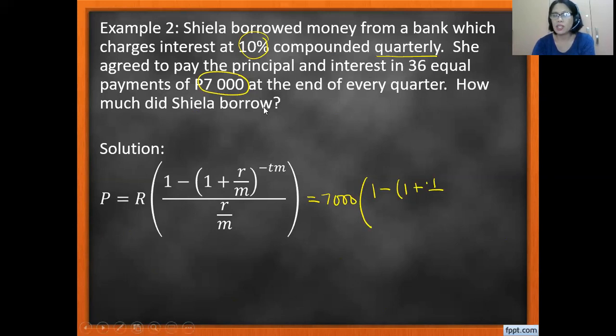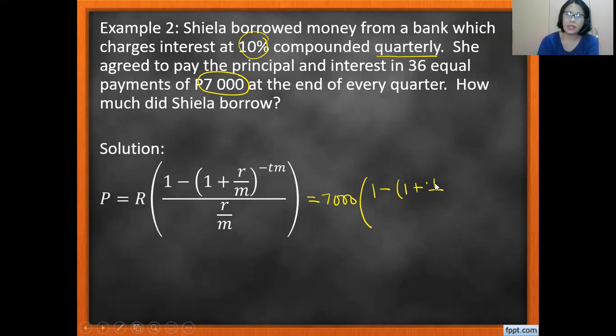How much did Sheila borrow? We're asked to solve for the present value, the amount of money that Sheila has borrowed. Our R here is 7,000.